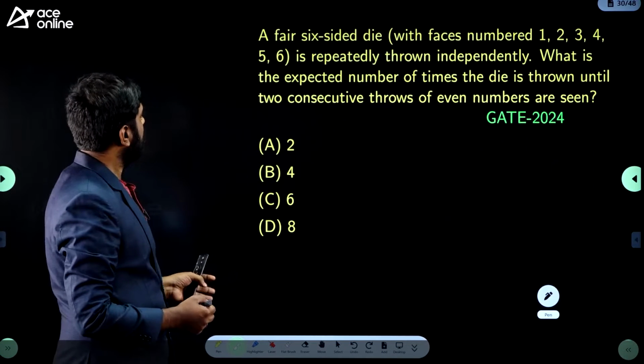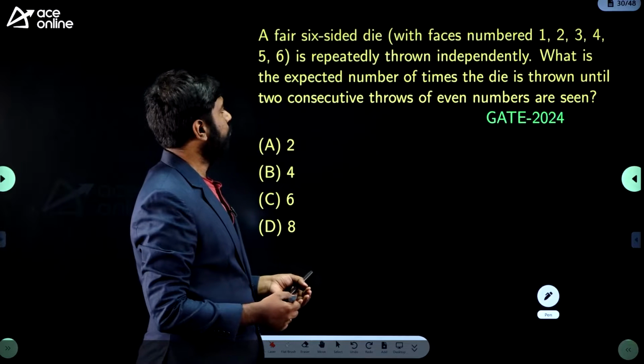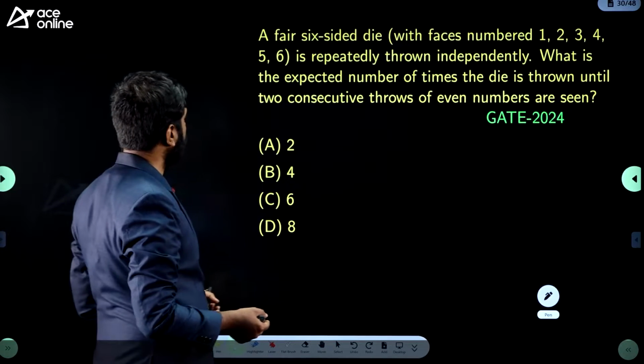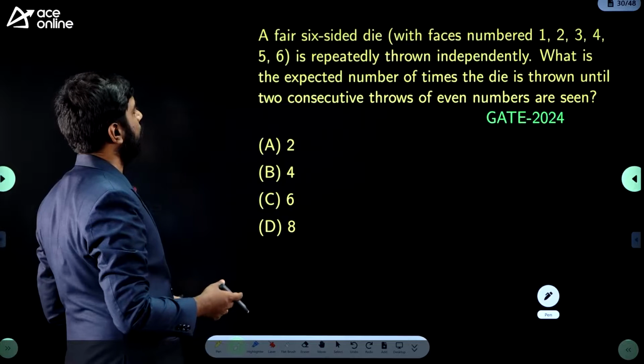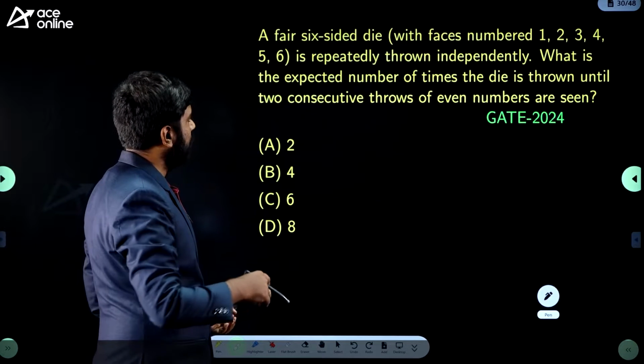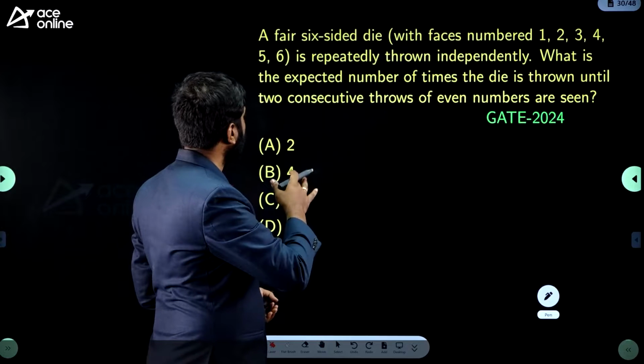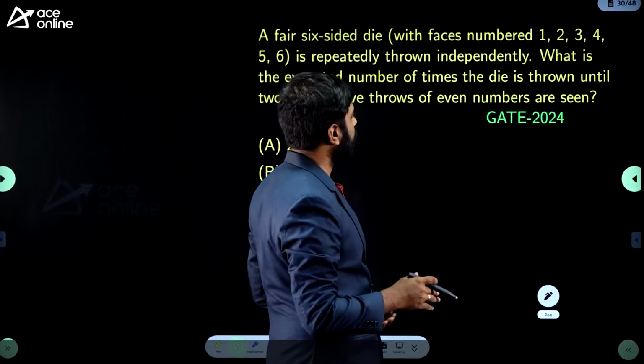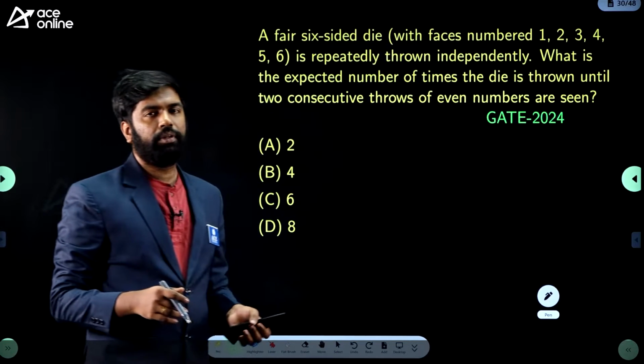A fair 6-sided die with faces numbered 1, 2, 3, 4, 5, 6 is repeatedly thrown independently. What is the expected number of times the die is thrown until 2 consecutive throws of even numbers are seen?